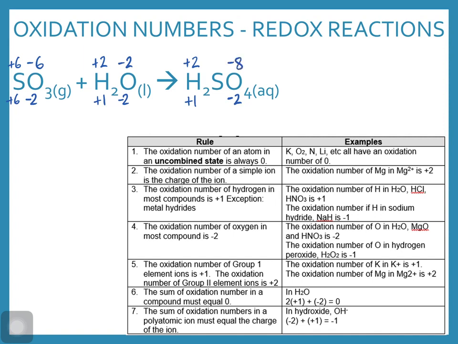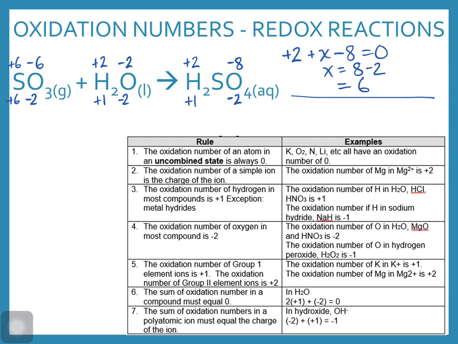And either the sulfate needs to add to -2 or the entire thing needs to add to 0. So it doesn't matter what we do. If we do the entire thing, we have +2 for hydrogen. Our sulfur, we don't know, there's only one of it. And oxygen is a -8, and that needs to equal 0. So that's equal to 6. The other thing we could have done is just use the polyatomic.